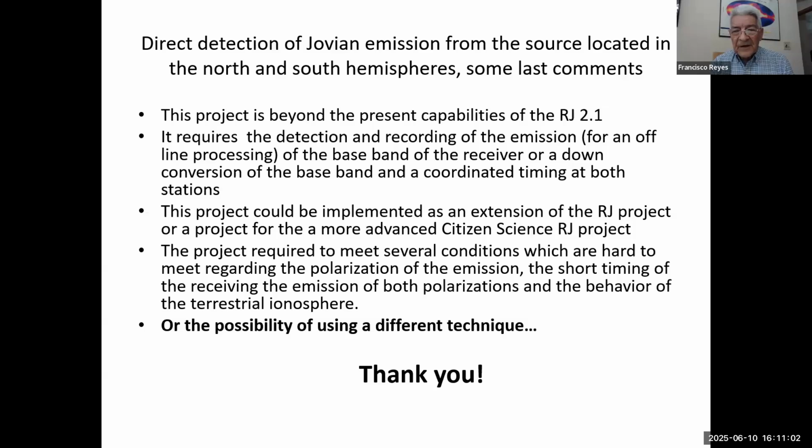But finally, when you digitize the emission, you can change a little bit the delay of the emission because you have to account for one emission being received a little bit earlier. Let's say in the case of Old Town, and a little bit later the case of the farther north. So you have to change a little bit the emission there and combine the data using a simple interferometer there.